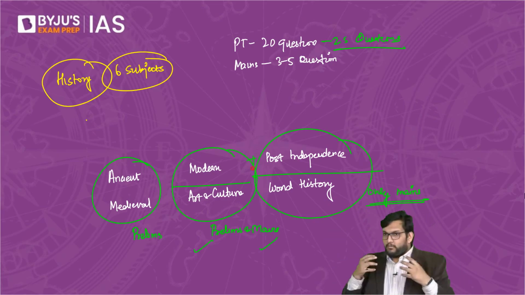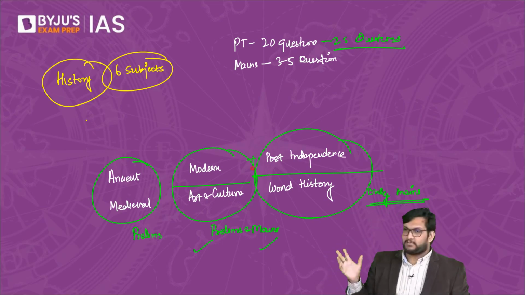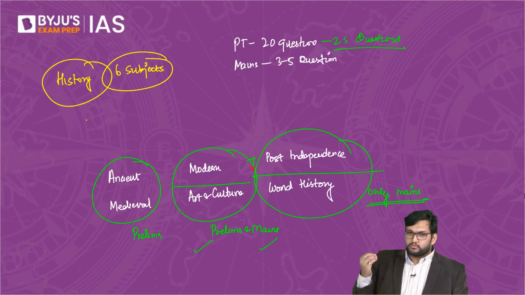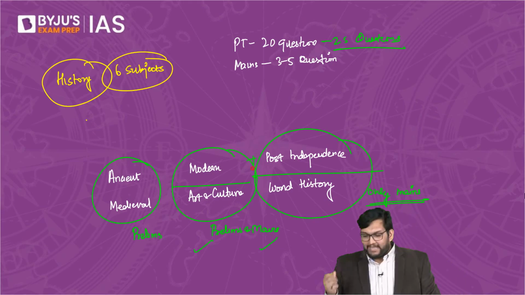So here what matters is conceptual clarity. I know what it is, so I can then just construct an answer. It's about constructing an answer. Because what students do is overthink about mains. They think I have to write facts, but you will never have the scope to write facts.